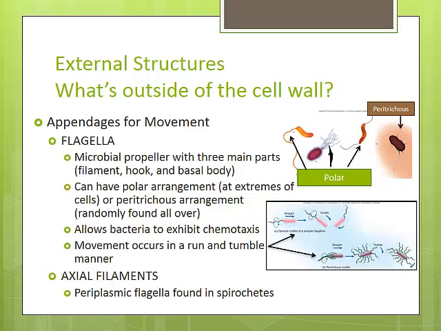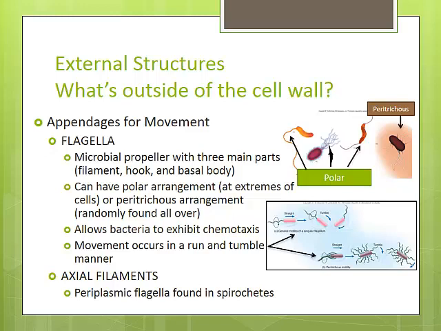So it's moving in response to a chemical signal. And the way the movement actually works, it occurs in a run and tumble manner, where they go along at a straight pace for a little while, and then they tumble, and then they move in a different direction. And you can see that in the box to the right of the run and tumble manner.